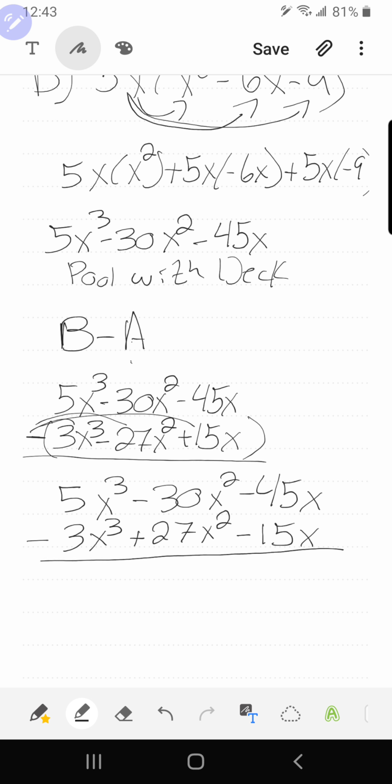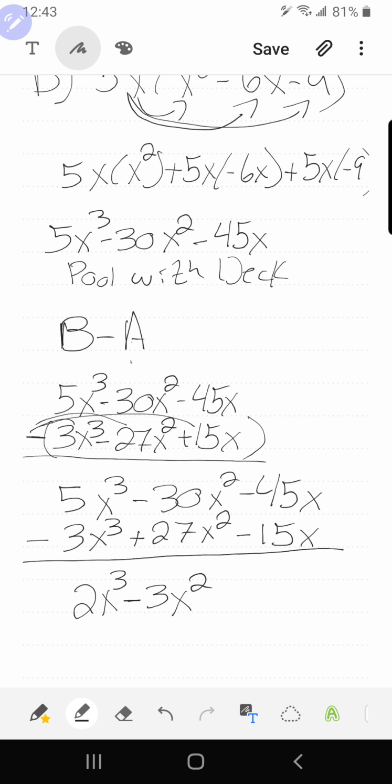Now I can combine my like terms. 5x cubed minus 3x cubed, because these are like terms, they both have x to the third power, gives me 2x cubed. Negative 30x squared plus 27x squared, because the signs are not the same, we subtract and keep the sign of the higher absolute value, giving me negative 3x squared. And now I have negative 45x plus negative 15x.